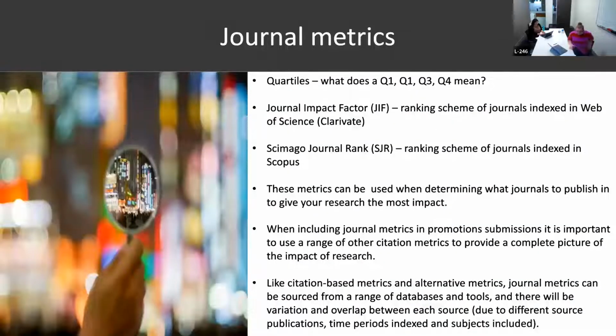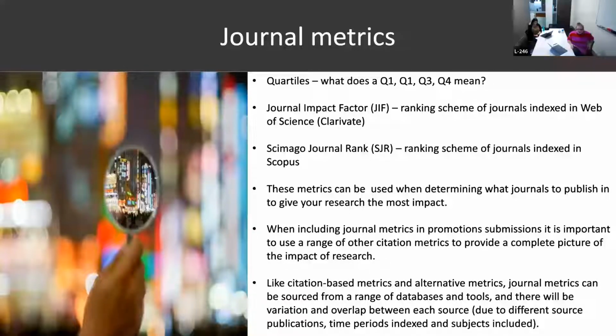So today's session we'll be looking at journal metrics and we'll provide an overview of the most common journal metric schemes and demonstrate how to locate those metrics. The specific journal metrics we'll be looking at today will include quartiles. You might have heard of a top quartile journal or a Q1 journal. We'll look at what that means and how this is calculated.